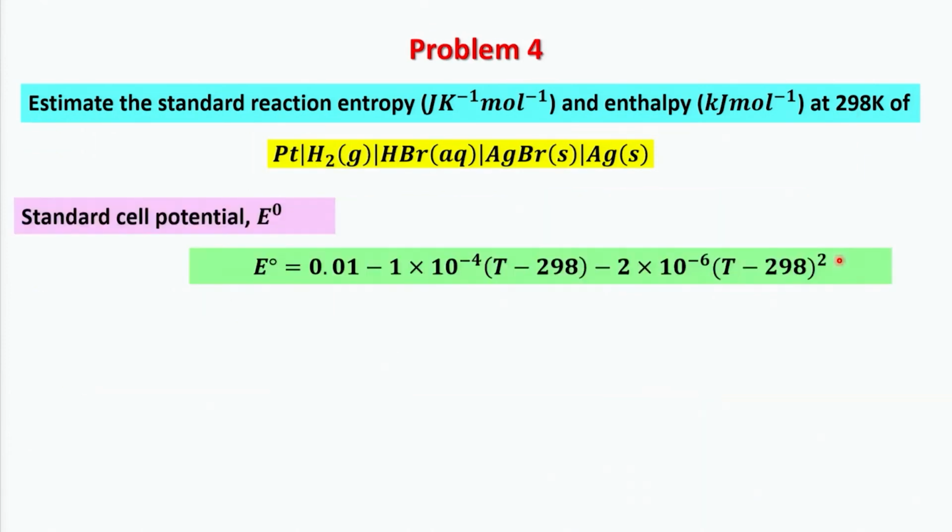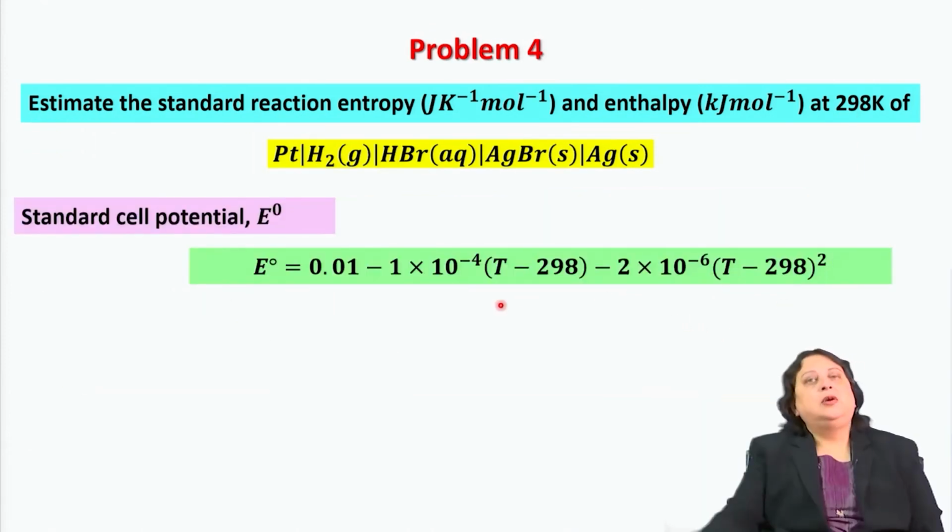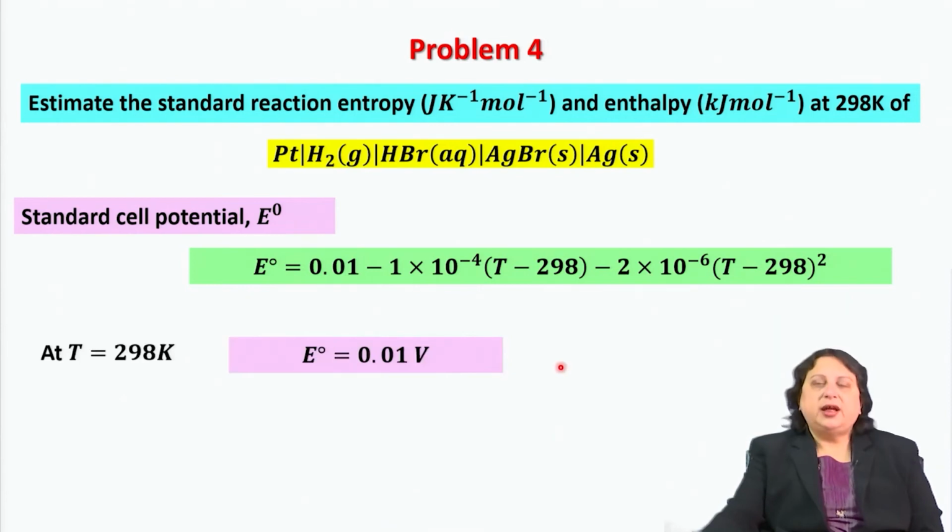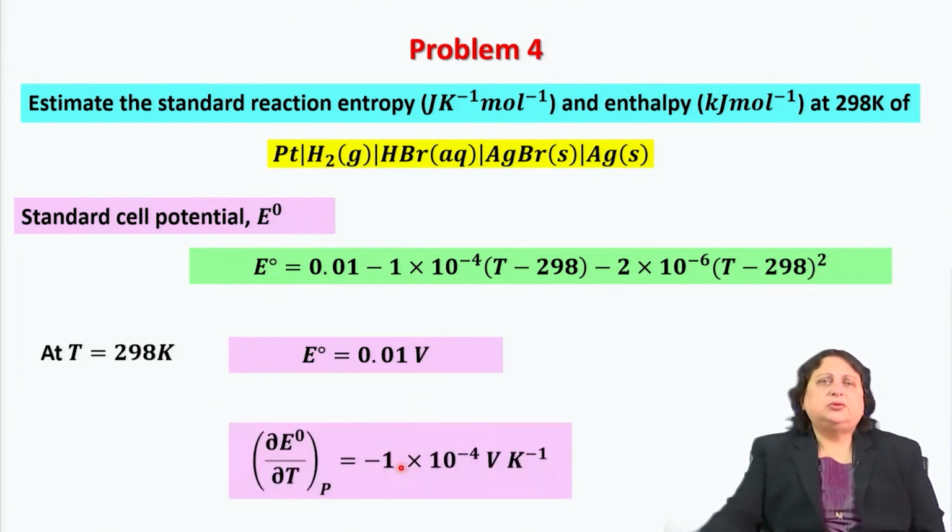So, do I know what these values are? Now, E naught is given to be a value like this in the units of volt. So, at 298 Kelvin, I understand that the second term vanishes and the third term also vanishes. Therefore, I will say that for the given cell, E naught is equal to 0.01 volt.